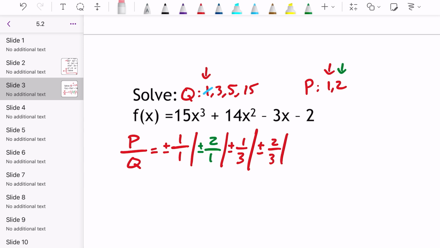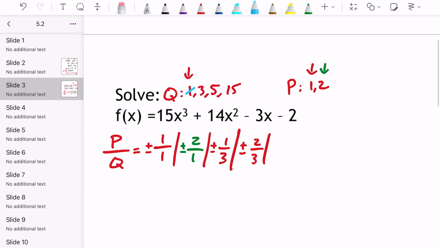And we keep going until we have used each one of our terms. So notice the next one would be plus or minus 1 over 5, plus or minus 2 over 5. Once again, we've used our 5, and we move on to the next Q for our denominator.